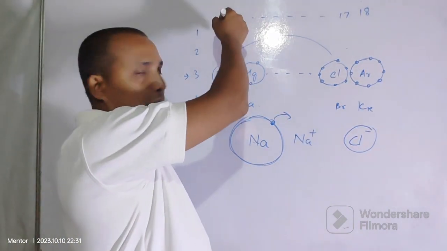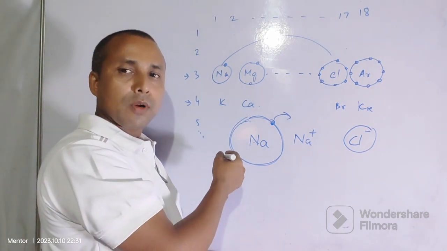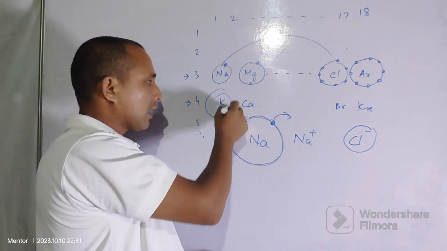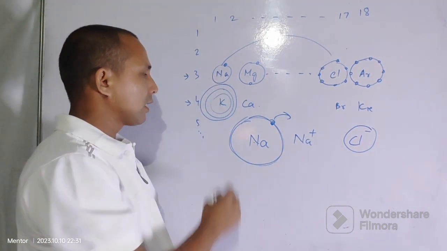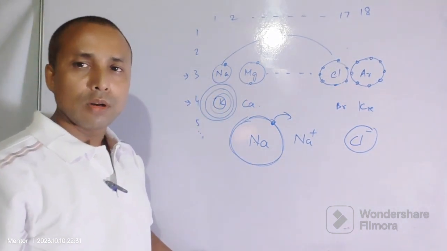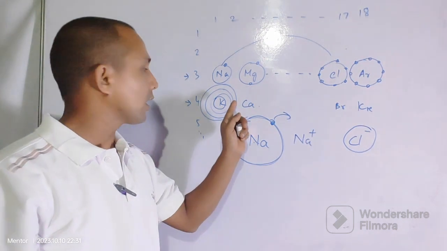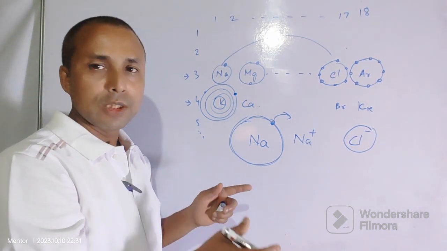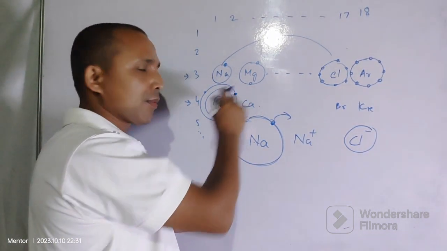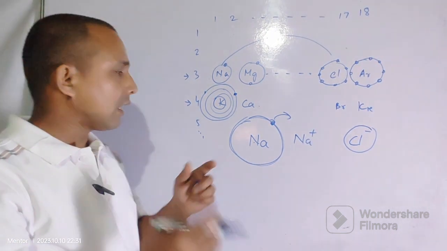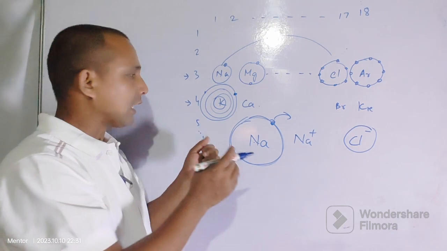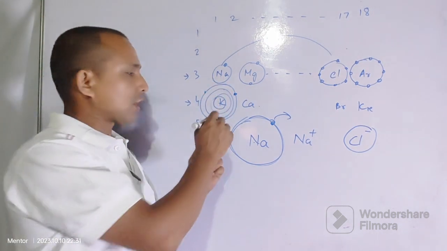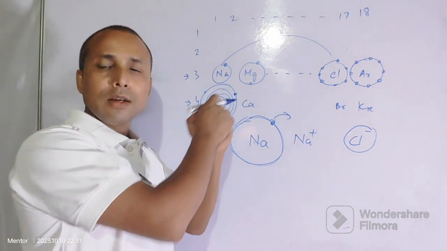At the same time, going down the group, the same group, all are metals here. As the number of shells increases, this one will be in period 4, so 4 shells will be there. These 4 shells contain the outermost electrons far away from the nucleus, so they can leave more easily than in sodium. Therefore potassium is more reactive than sodium.